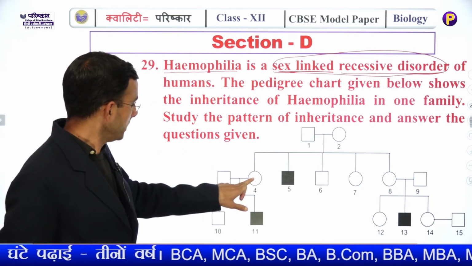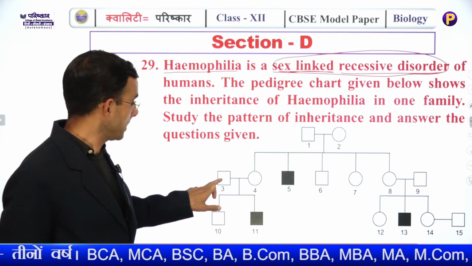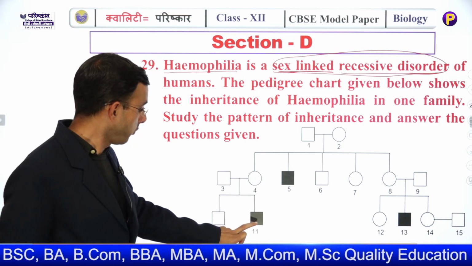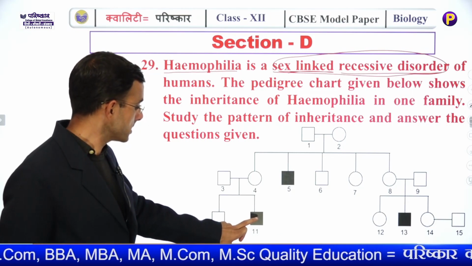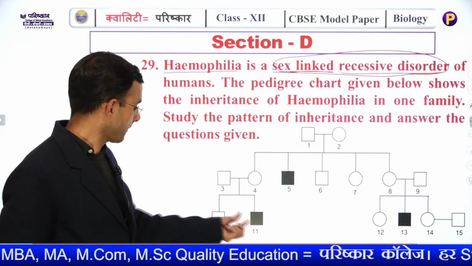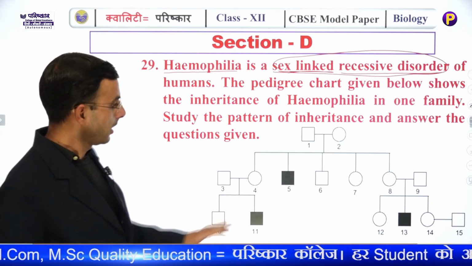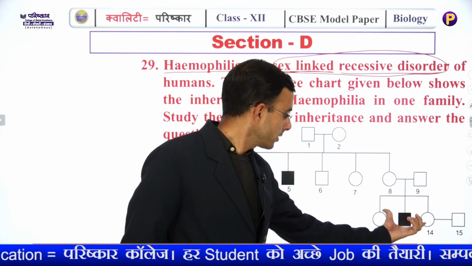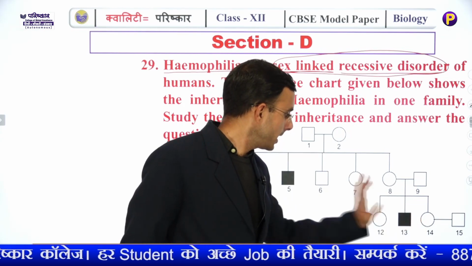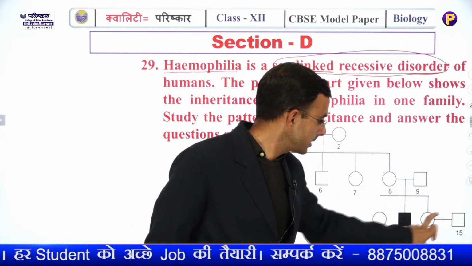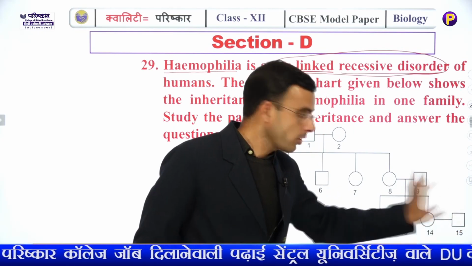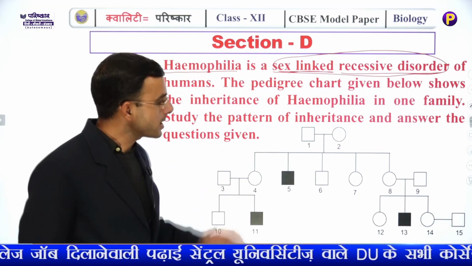The female here is marrying a normal person, and among their offspring one male is affected and one male is normal. On the other side, there are three children. Out of that, all the females are normal and the male is affected, and that normal female is marrying a normal male. So that is the pedigree.